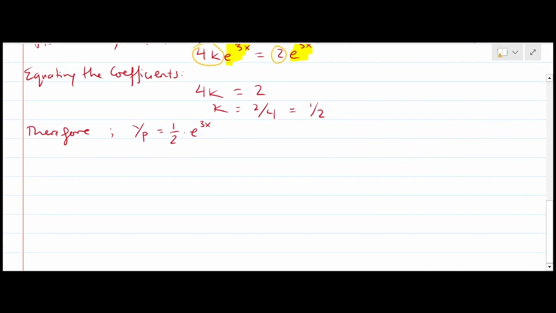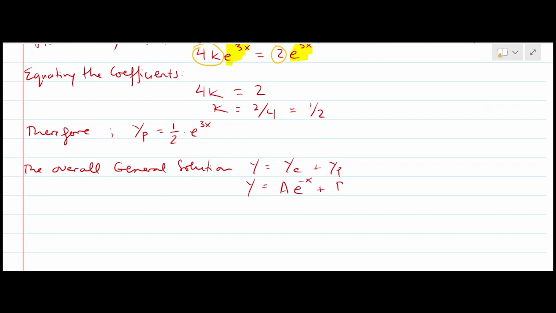Therefore the overall general solution is y equals yc plus yp, which is a times e to the power of negative x, plus b times e to the power of positive 2x, plus a half times e to the power of 3x, which is the general solution of this differential equation problem.